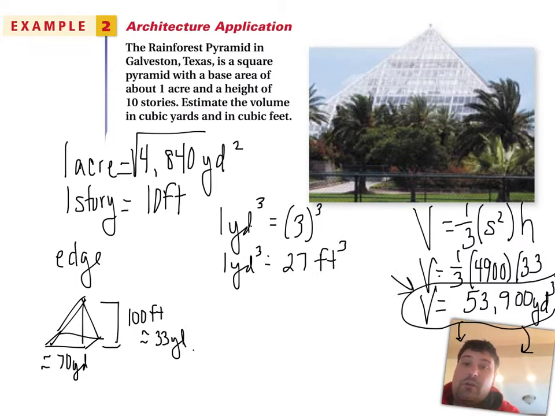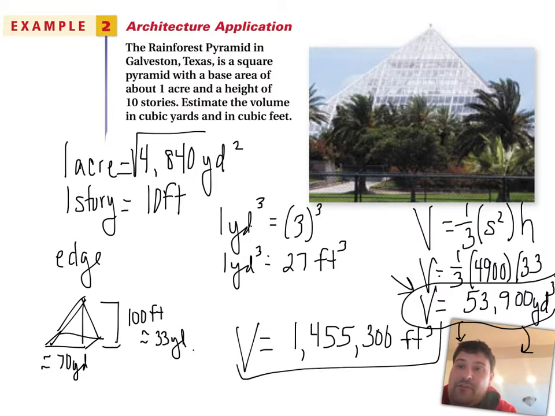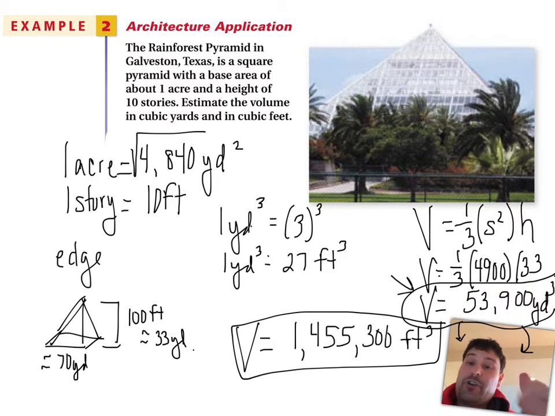So there's 53,900 cubic yards, and 1 cubic yard is 27 cubic feet. I would multiply by 27, and if you multiply by 27, you get approximately 1,455,300 cubic feet. So there are my two answers: 53,900 cubic yards and 1,455,300 cubic feet.